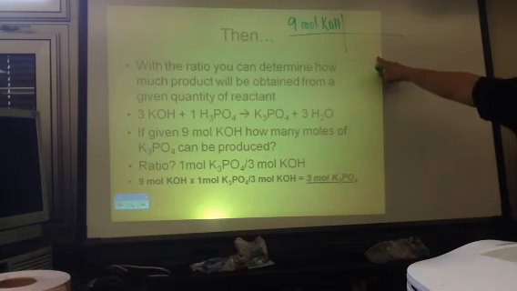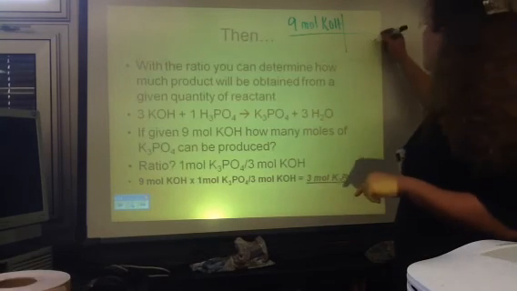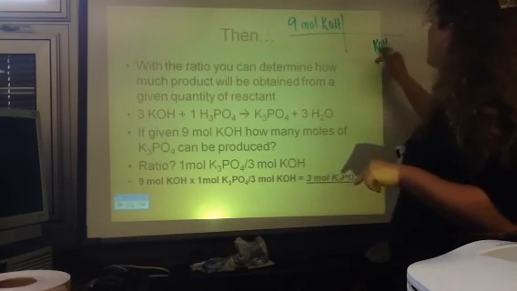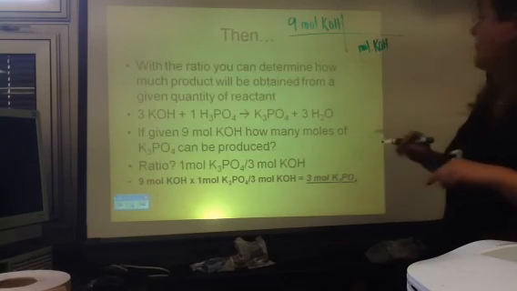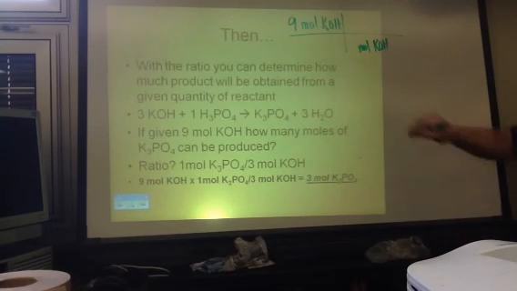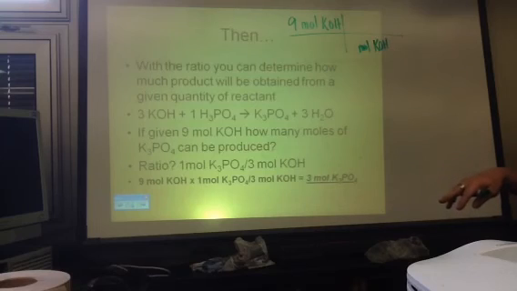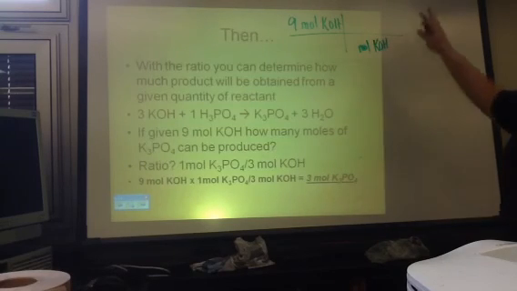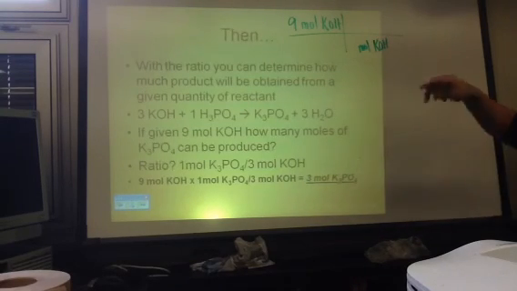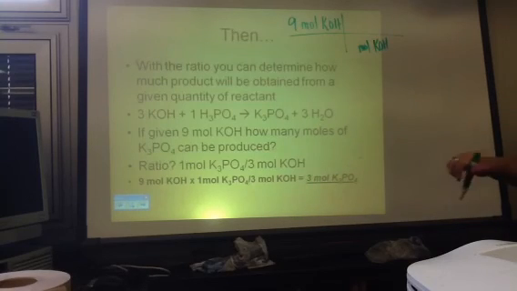What units, what chemical? Potassium hydroxide. Potassium hydroxide, and what units? Moles. Okay? And we're going straight from moles to moles. So we're not going to have to do anything with grams. We're now looking for a mole ratio.